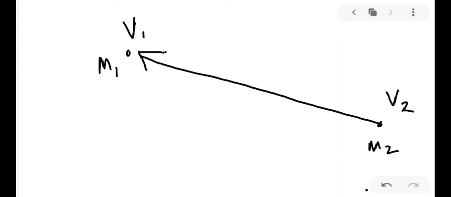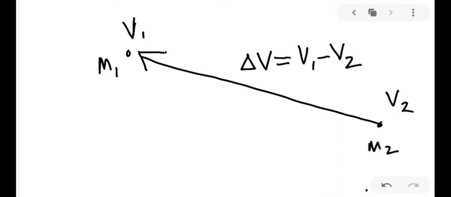So if you have a point M1 and another point M2, with potential V1 at M1 and another value of potential at M2, and you want to move a unit charge, not any charge but a unit charge, from M2 to M1, the amount of work done or energy that needs to be supplied will be equal to delta V, which is nothing but the potential difference between the 2 points.